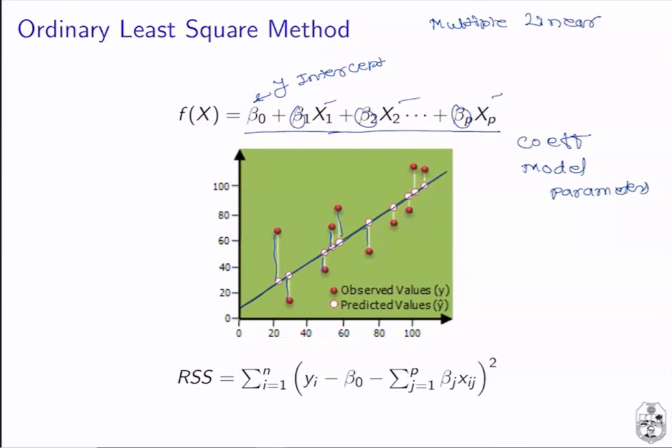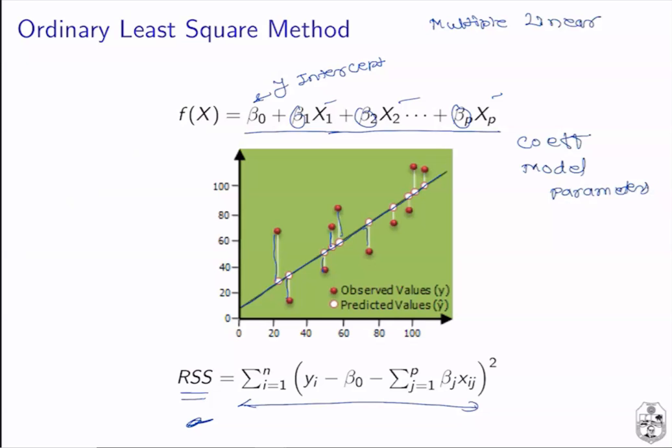This error is called the residual sum of squares, and it is expressed in this equation. The objective of the ordinary least squares method, or the multiple linear regression method, is to minimize this error. So that was the objective.